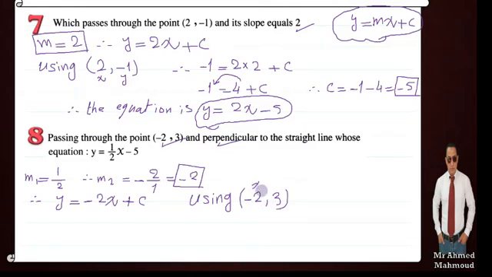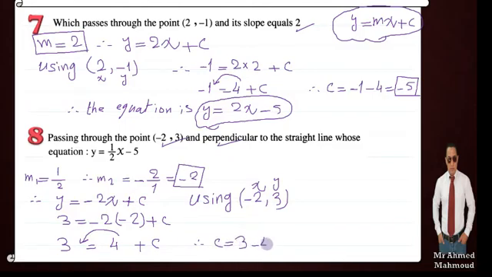So negative 2 is x, 3 is y. So 3 equals negative 2 times negative 2 plus c. 3 equals 4 plus c. Send 4 here. Therefore, c equals 3 minus 4 equals negative 1. This is the value of c.